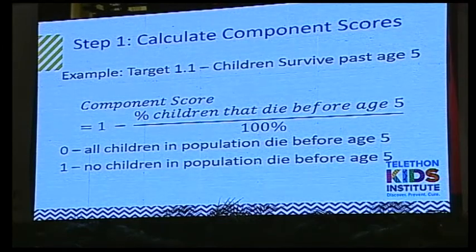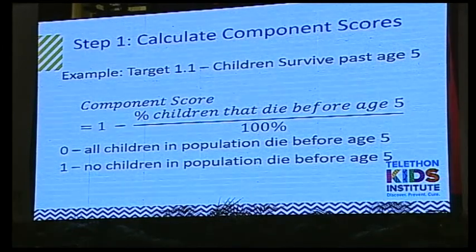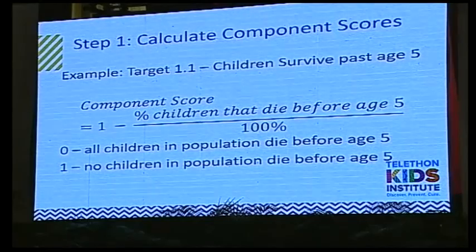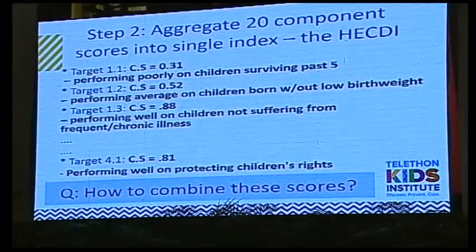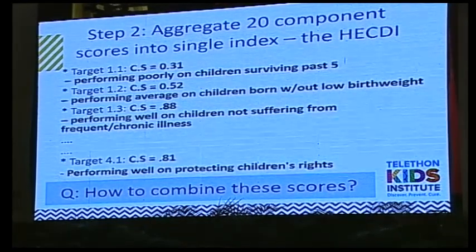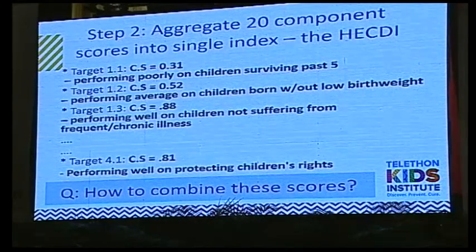So instead of reporting it as you would normally do, you just do something like percentage of children that die before the age of 5, divide it by 100 and get a percent, right? Turn it into an item of 0 to 1. That then allows you to add all of the different items together, right? So essentially, each one of these 20 targets gets a score of 0 to 1.